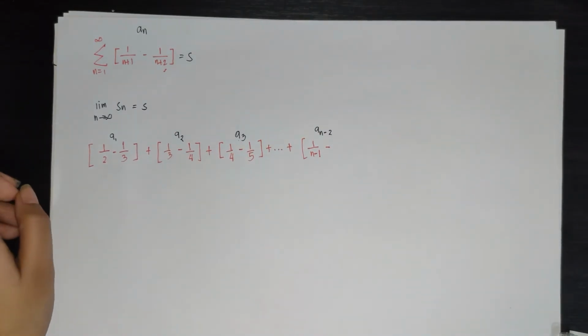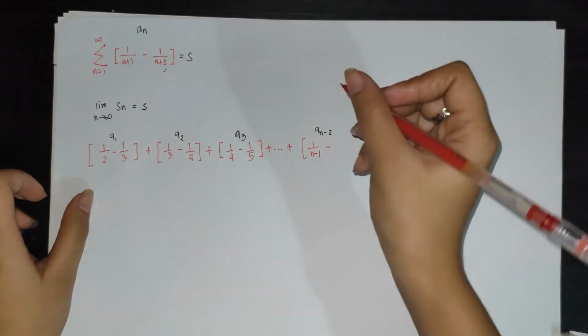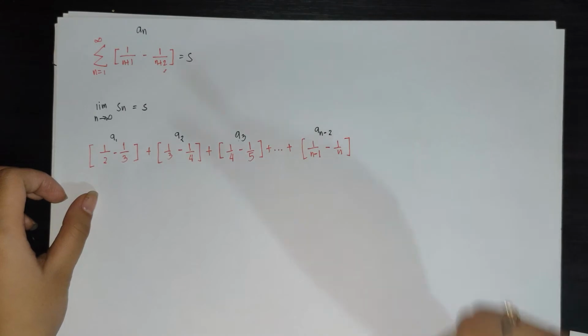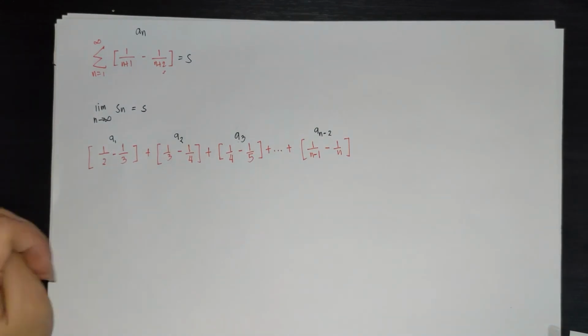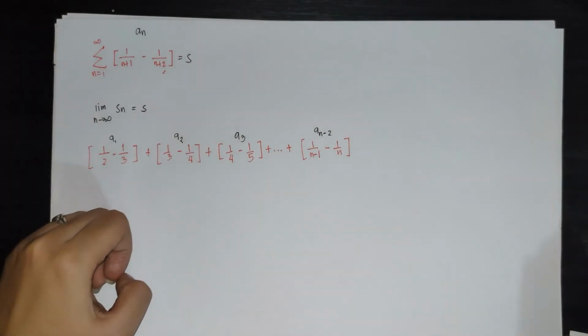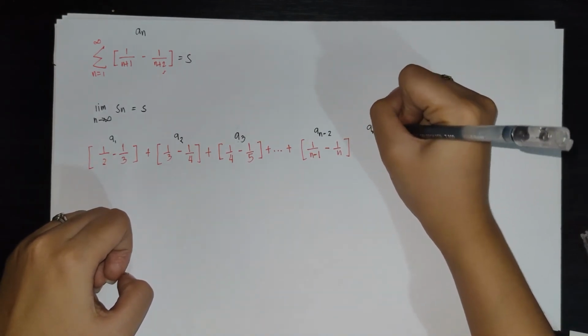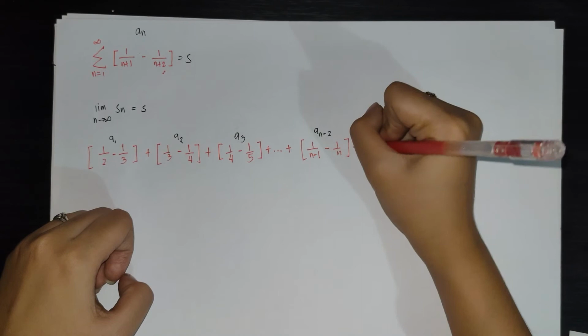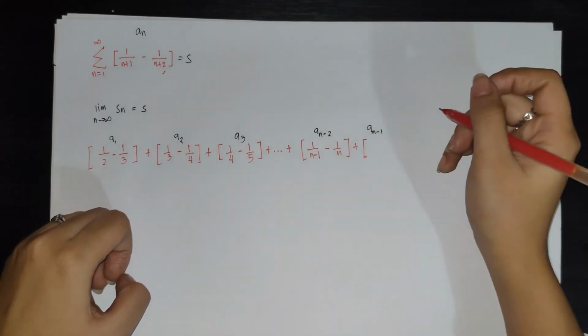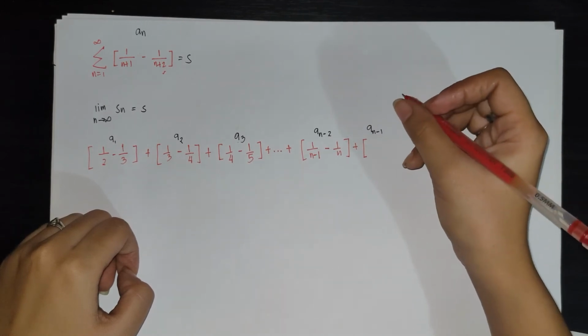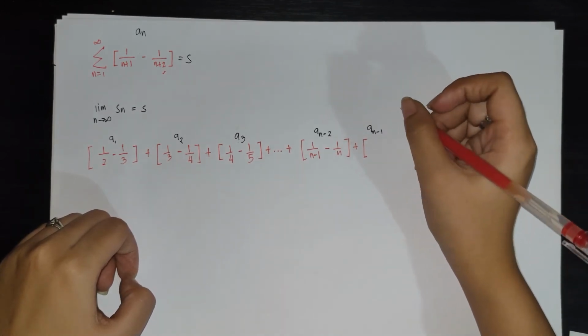And then n minus 2 plus 2, that's simply n. Now let's get a sub n minus 1. N minus 1 plus 1, that's just n.